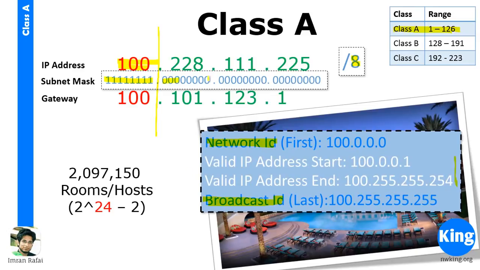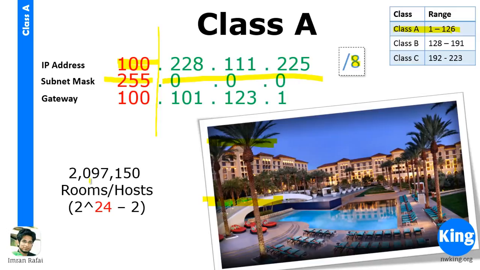To know how many valid IP addresses there are in this range, we use the same formula. The number of zeros, so 2 to the power number of zeros, which is 2 to the power 24, minus 2 to deduct the first and the last IP, and we get a number 16,777,214, which is a massive network. Well, even if you compare it with our hotel analogy, it is absolutely impossible to control a hotel of this size.